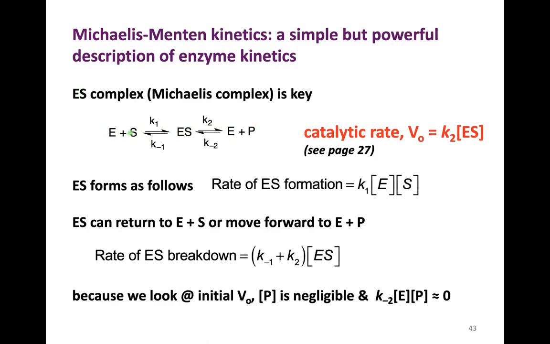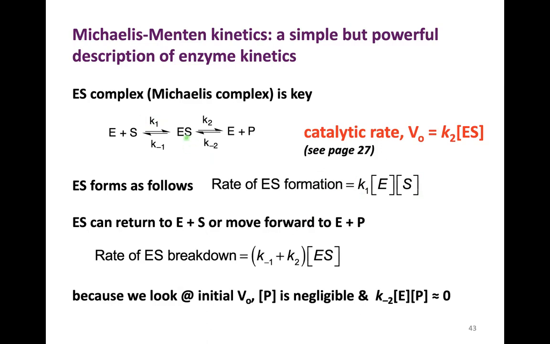And of course, we can write out this reaction with forward rates and respective backward rates. Okay, so if we are interested in the rate of the formation of the Michaelis complex, we can write that mathematically as the forward K1 rate constant times the concentration of enzyme times the concentration of substrate. This should be a total review of things that you did in general chemistry.